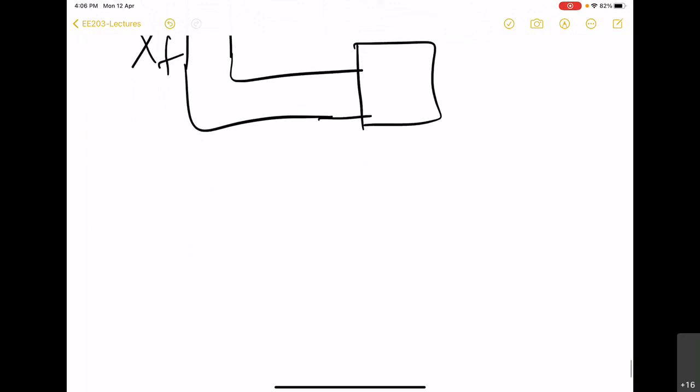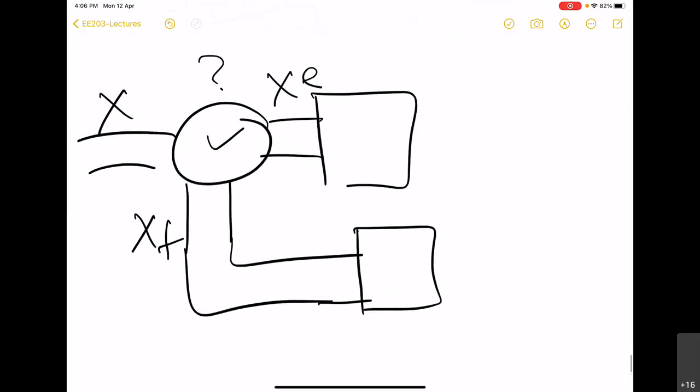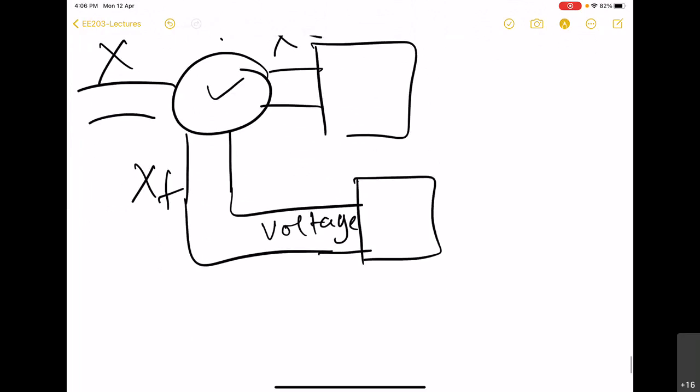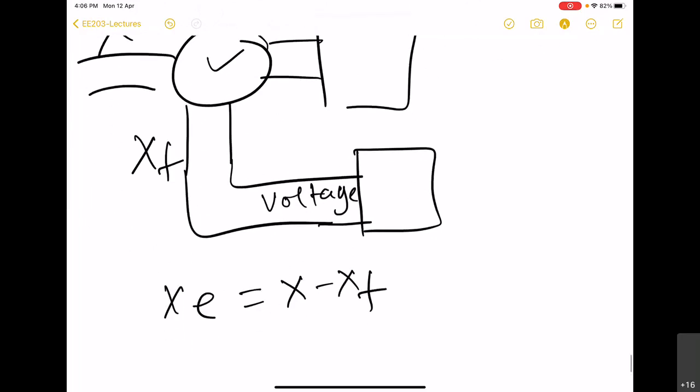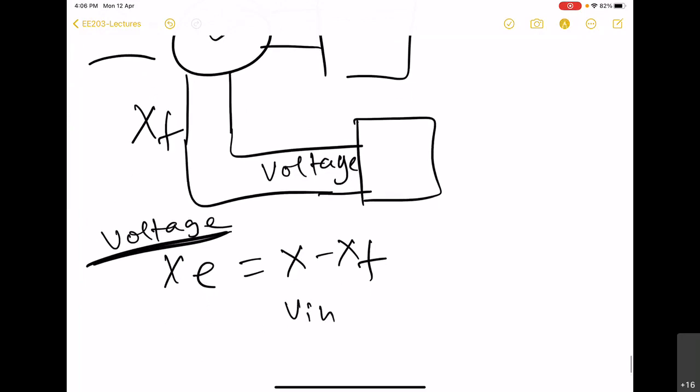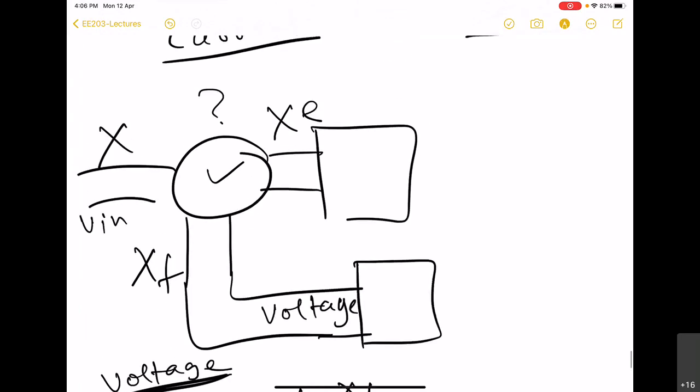For example, if we want to add voltage, suppose this quantity is voltage, then ultimately we want Xc to be equal to X minus Xf, and each of these quantities is a voltage. So there will be input voltage here, there will be feedback voltage, and error voltage will be fed to the amplifier.